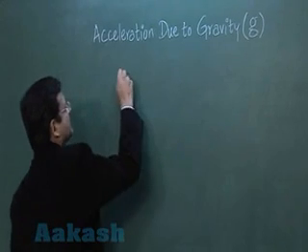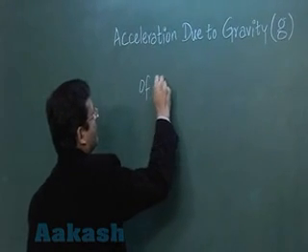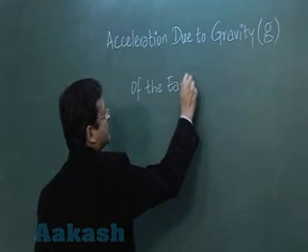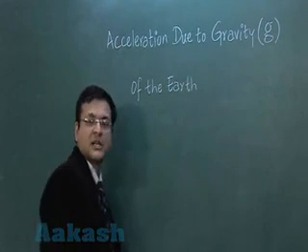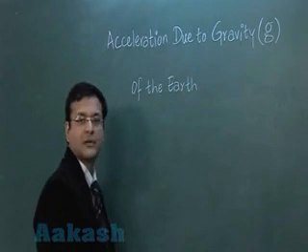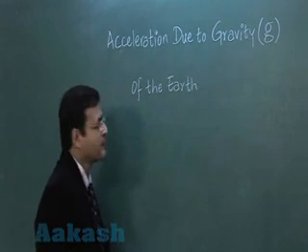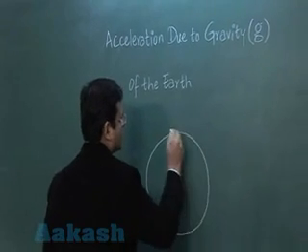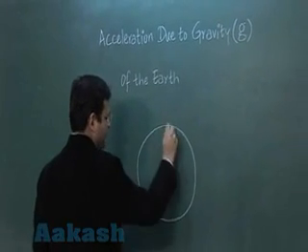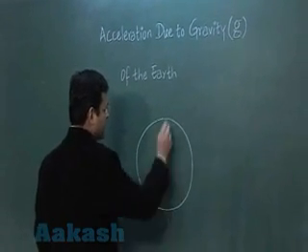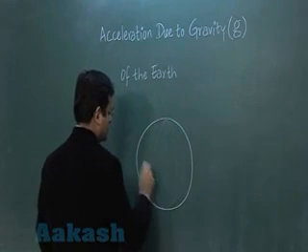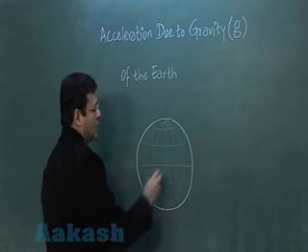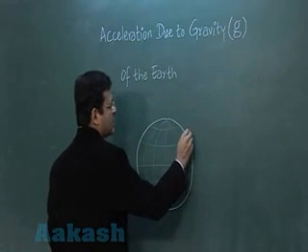If you consider the Earth, then how will you calculate the acceleration due to gravity? Consider the Earth. Let us suppose this is our Earth, and let us suppose this is our location.